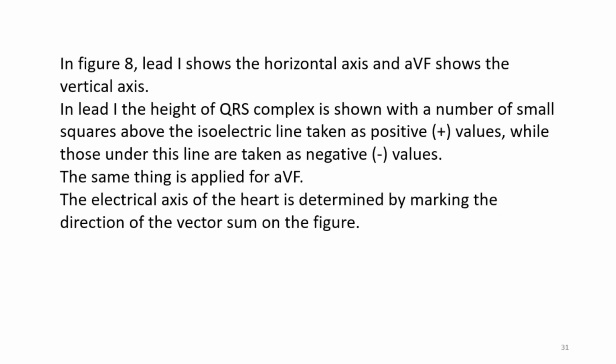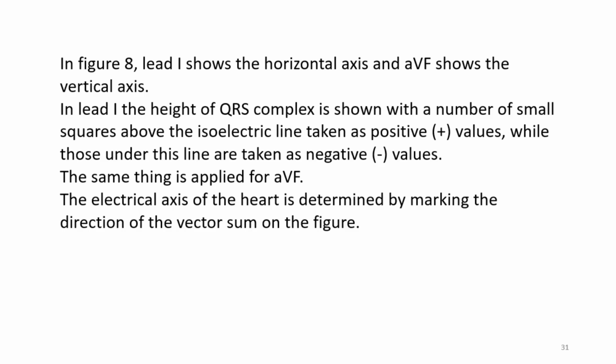In figure 8, lead 1 shows the horizontal axis and augmented voltage foot shows the vertical axis. In lead 1, the height of the QRS complex is shown with a number of small squares above the isoelectric line taken as positive values, while those under this line are taken as negative values.